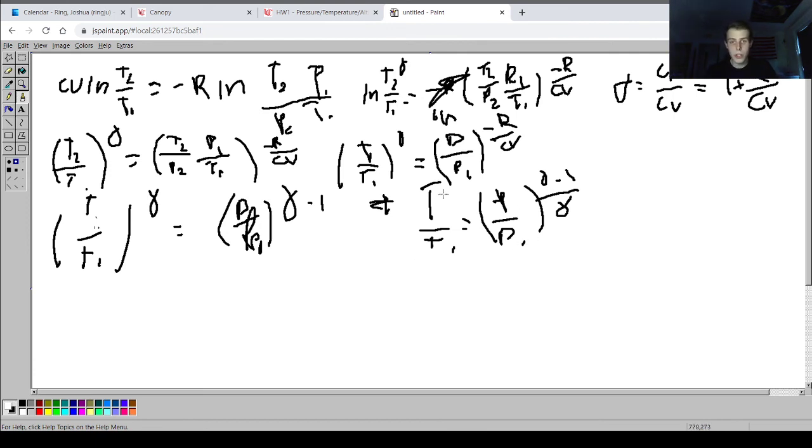And finally, we are just going to solve for T, so we can have our basic temperature, which is going to be equal to, moving the T1 to the other side, T1 times P over P1 to the power of gamma minus 1 over gamma. I'm sorry, not multiplied, to the power of.